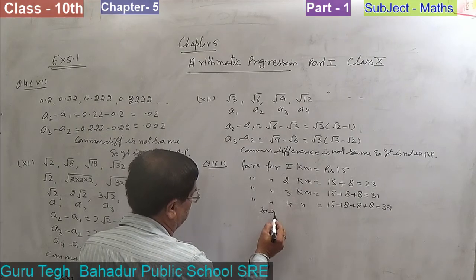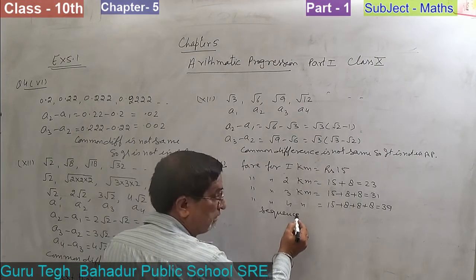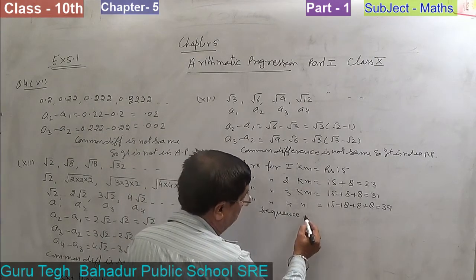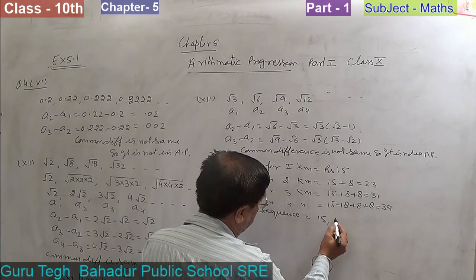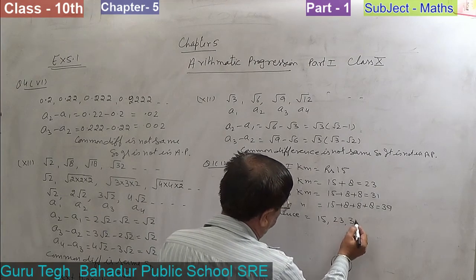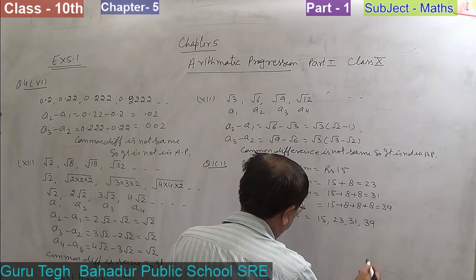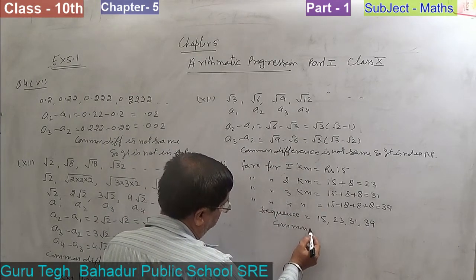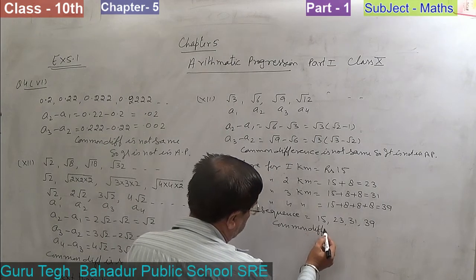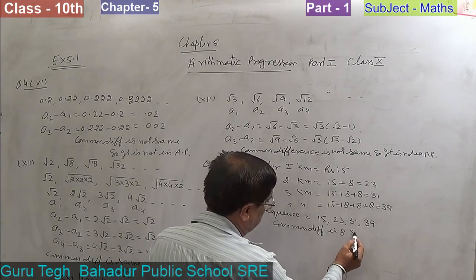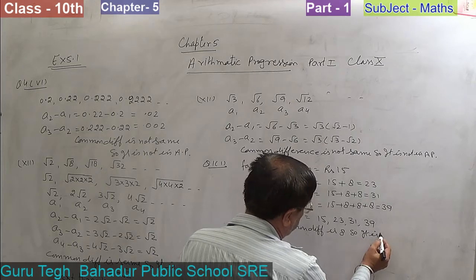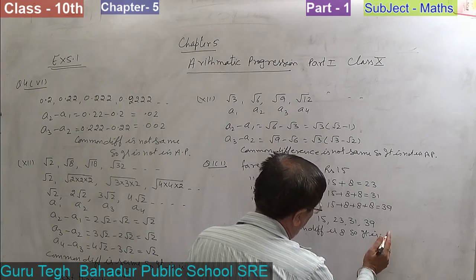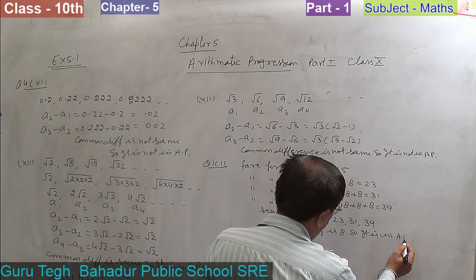The sequence is 15, 23, 31, 39. Common difference is 8, so it is in AP.